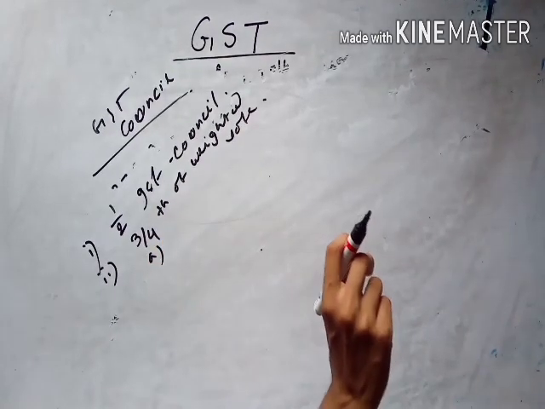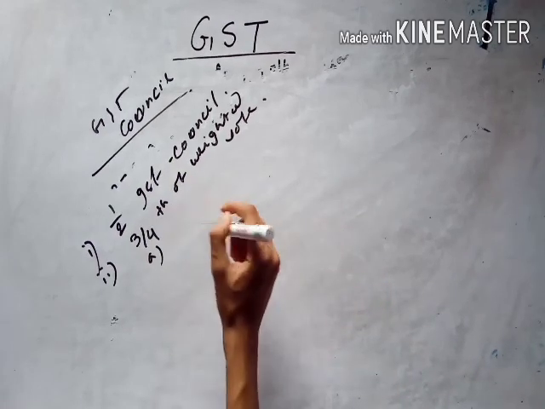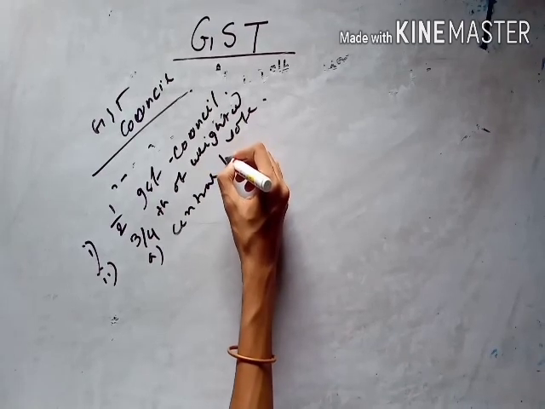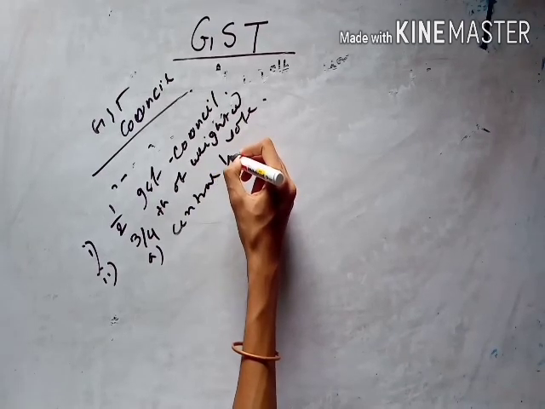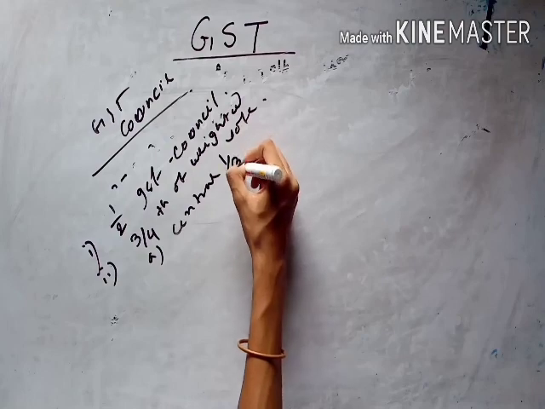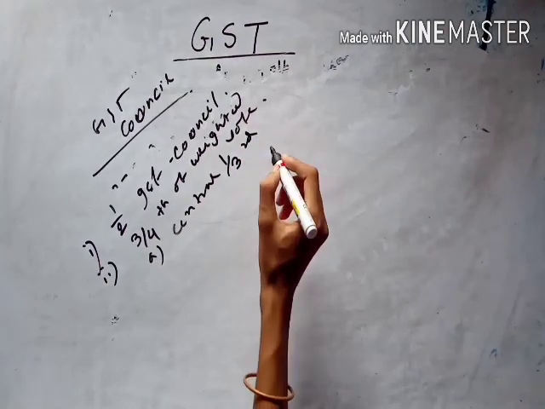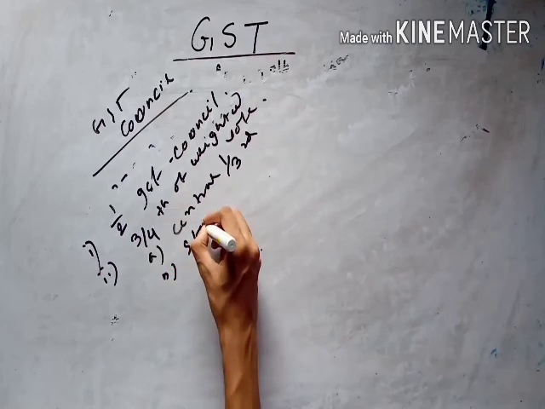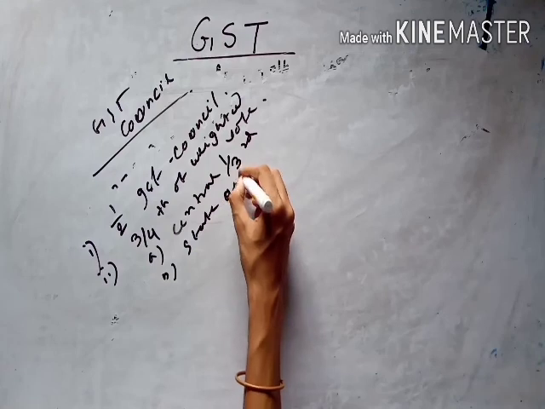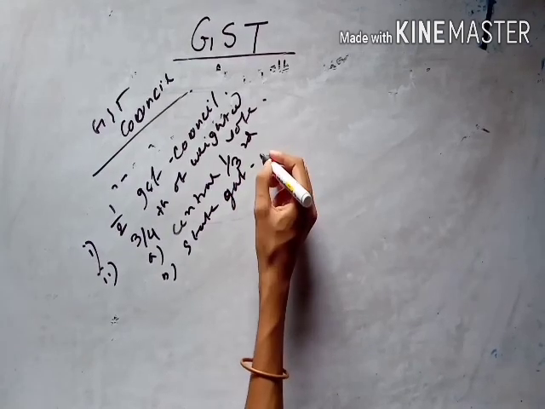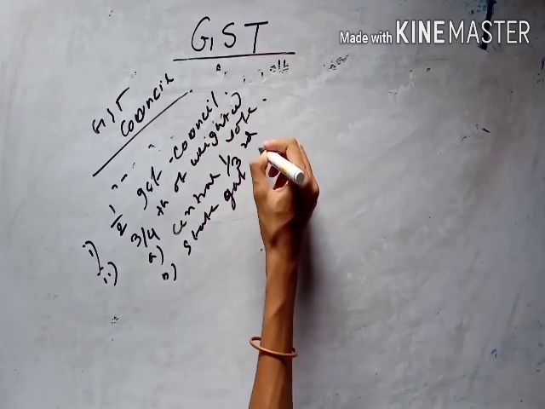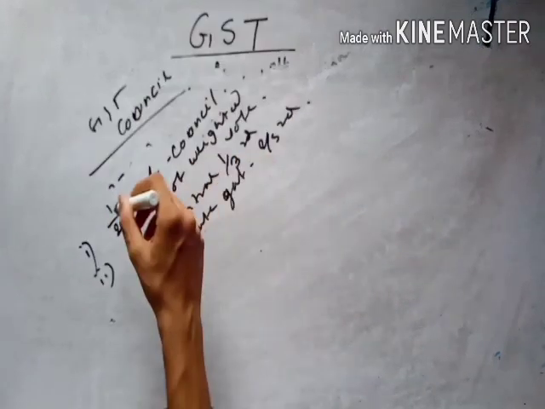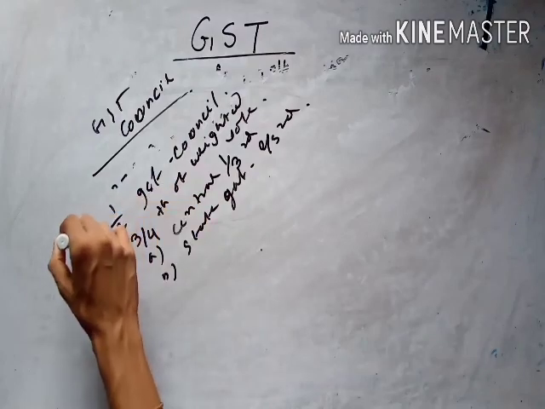The vote of the central government shall have one third of the total votes, and the state governments' voting power is two-thirds. Before taking any decision, the GST Council has to keep that in mind.